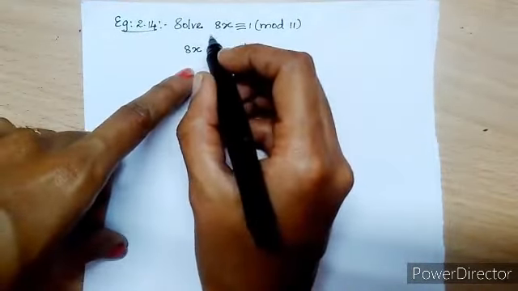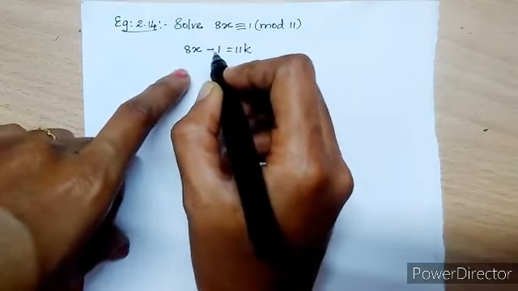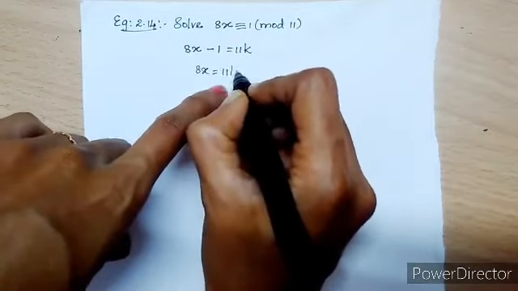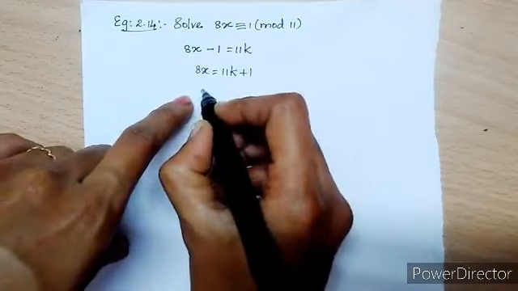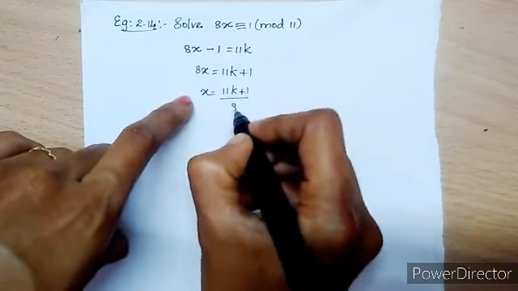Now we have to find the value of x, so transpose this minus 1 to the right side, so that you will get 8x equal to 11k plus 1. So what is x? x equal to (11k plus 1) by 8.